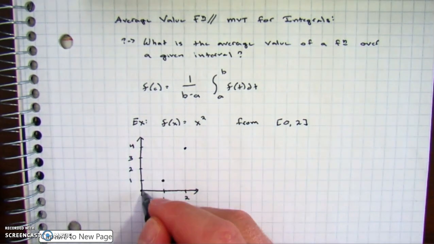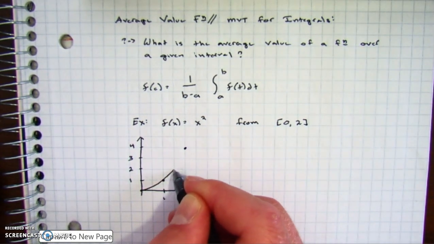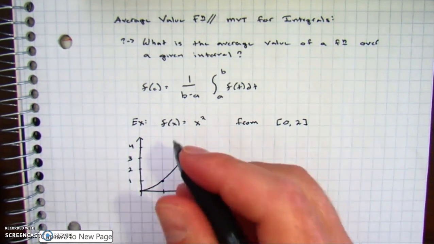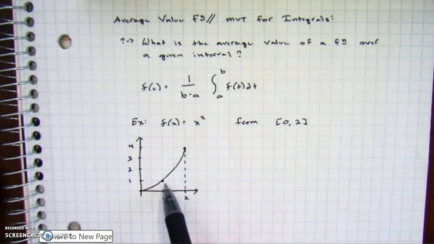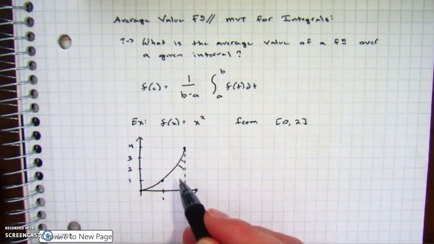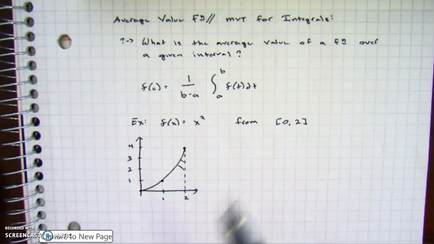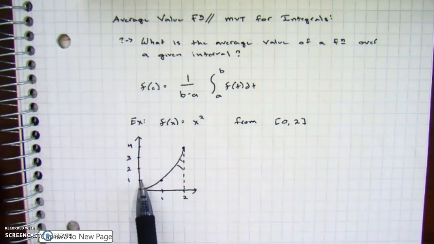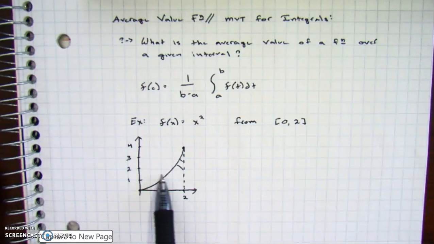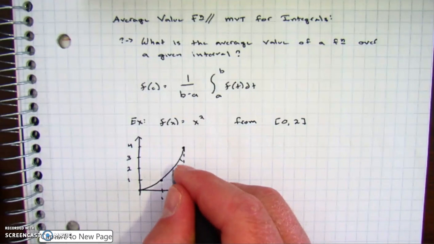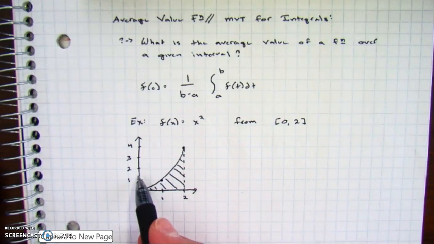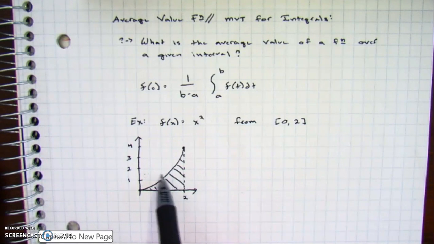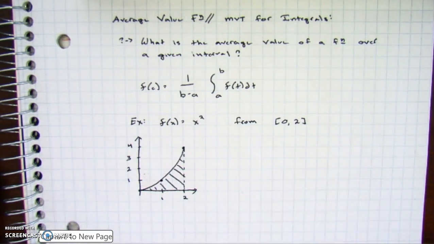So here's what the mean value theorem is saying: the area underneath this curve can be represented with an equivalent area of a rectangle. Wherever this f of c is, you can draw a straight line across, and the area of this shaded region would be the same as the other shaded region. So you find the average value of this function, and then those two areas would be the same.